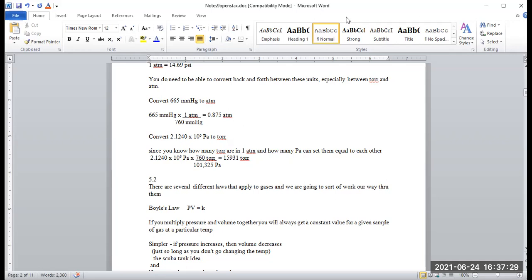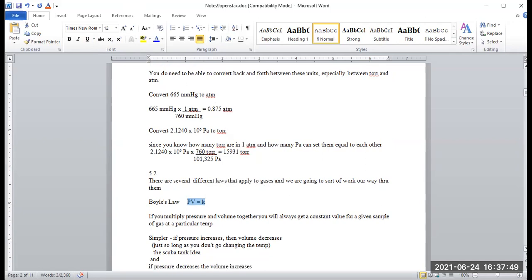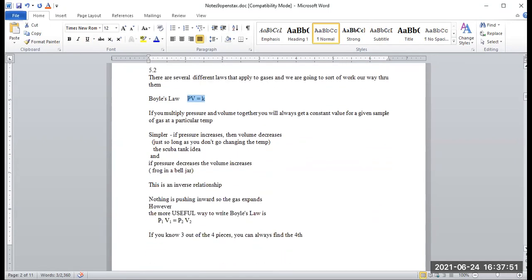So when we start with the theoretical version of Boyle's law, I've got P times V, P for pressure, V for volume, equals a constant.